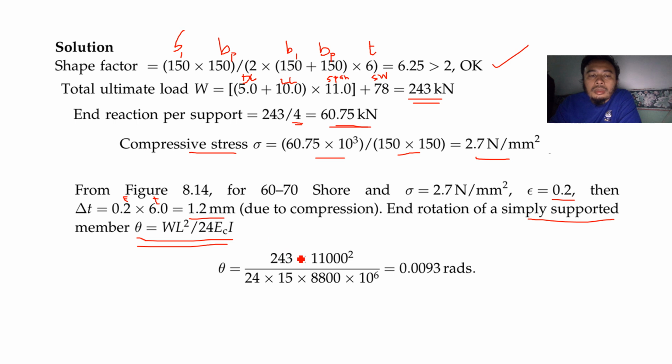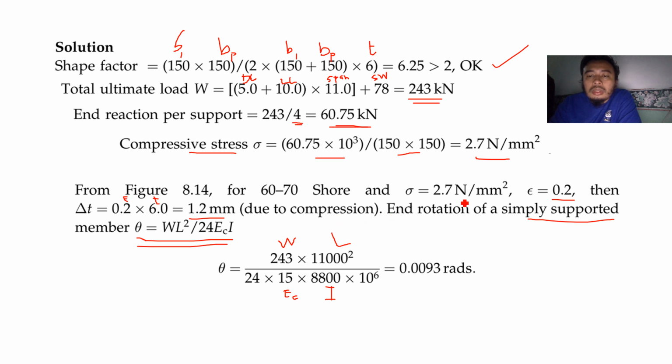So the maximum rotation. This is your W. This is your span length squared. This is the integer 24 based on the equation. Times EC, this is given. This is your EC. This is your I.